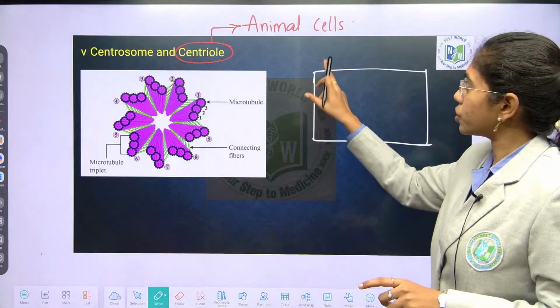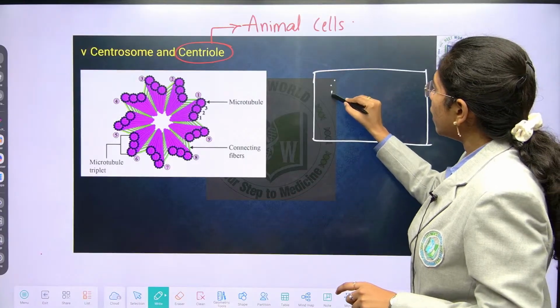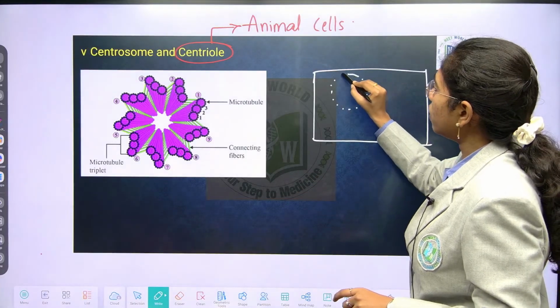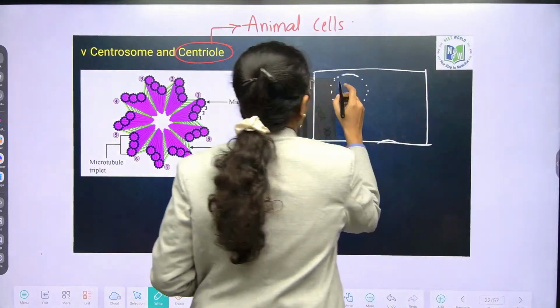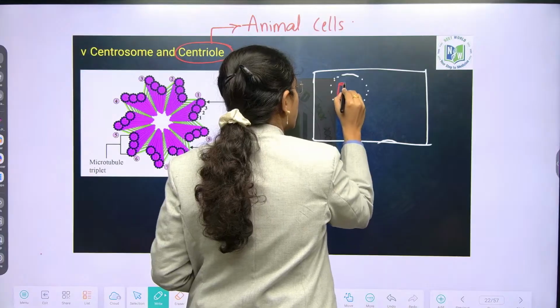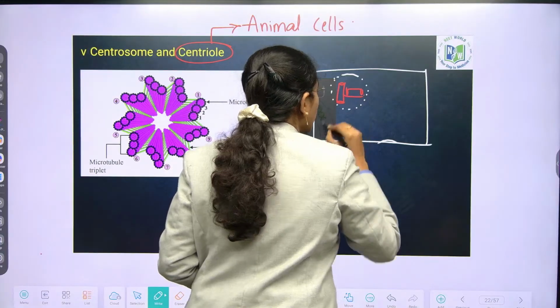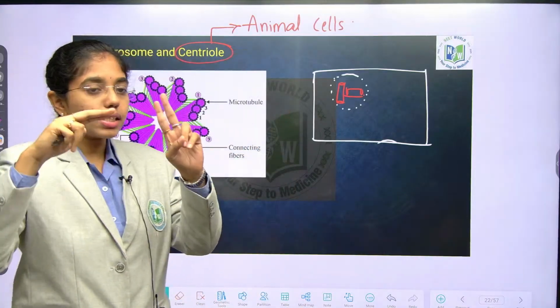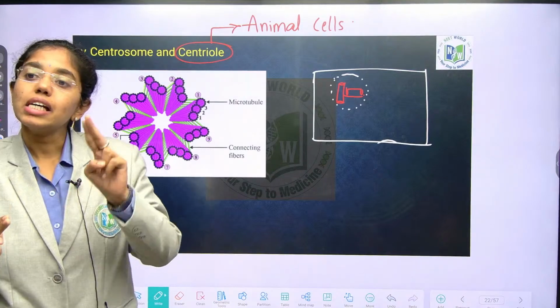Centrioles are structures found only in the animal cell, and how are they present? A centrosome is present which doesn't have any membrane. Inside this centrosome you have two structures perpendicular to each other. These cylindrical structures which are perpendicular to each other are known as centrioles.